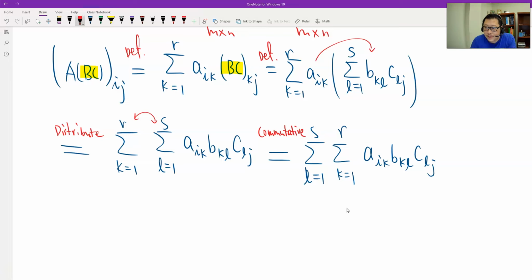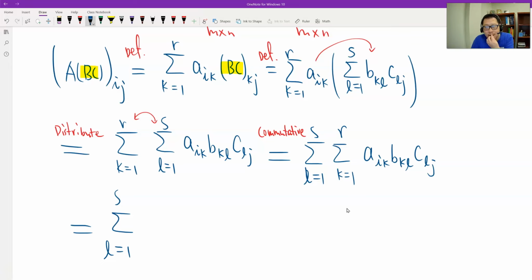And let's associate something. I put A, B together. So now let's associate something. L is from 1 to S, and then I put A, B together.